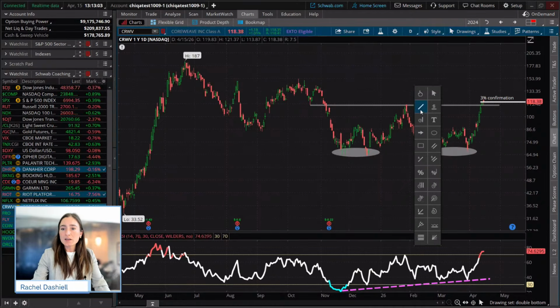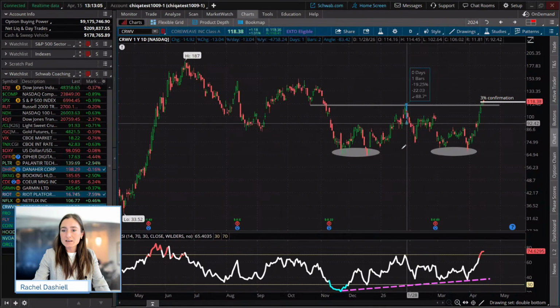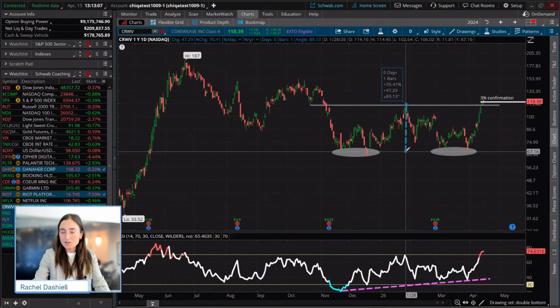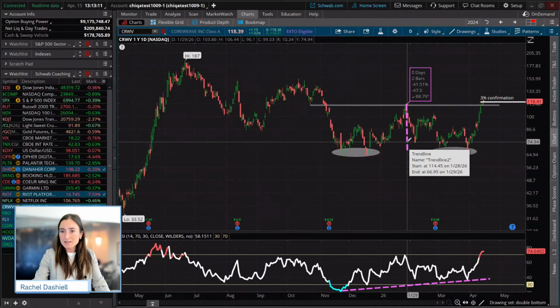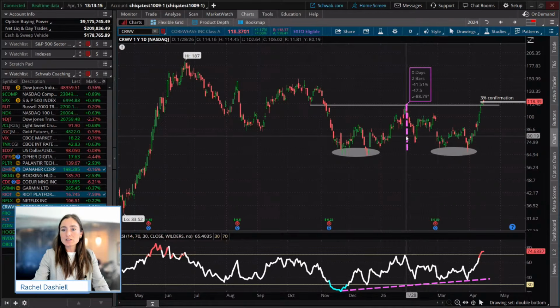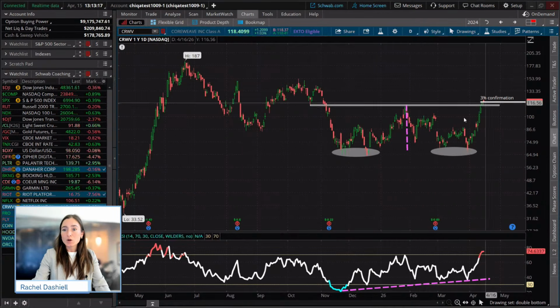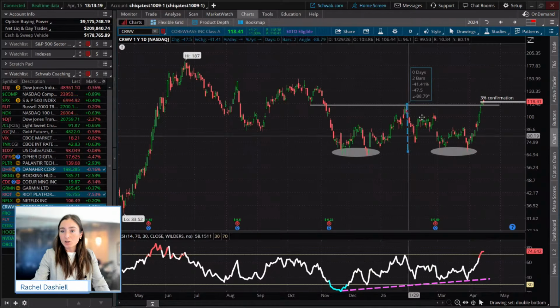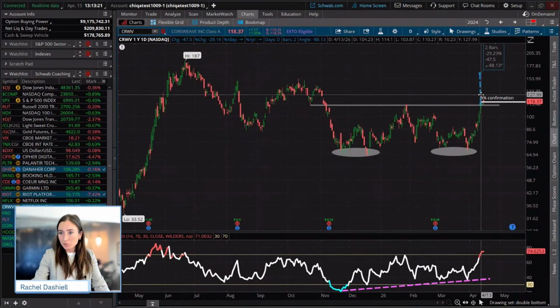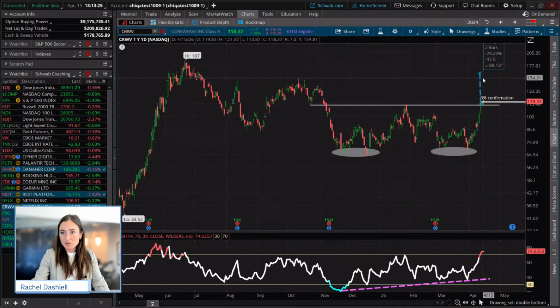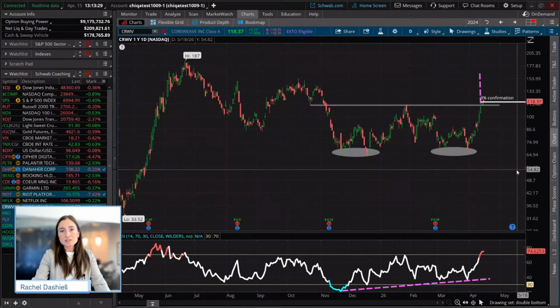And if we take a measured move, which is the depth of the pattern here, so we're just going to take the lows that we see here, that's about a $47.50 move. So that's a pretty decent move that we could see with a break here, that retest, and we're just going to place that right on the breakout point there to give us our possible measured move. And the reason why is because markets love symmetry.